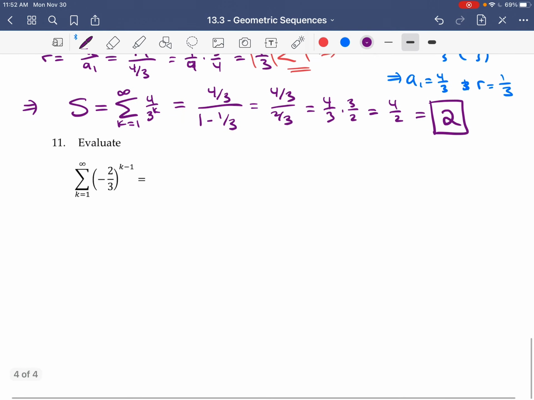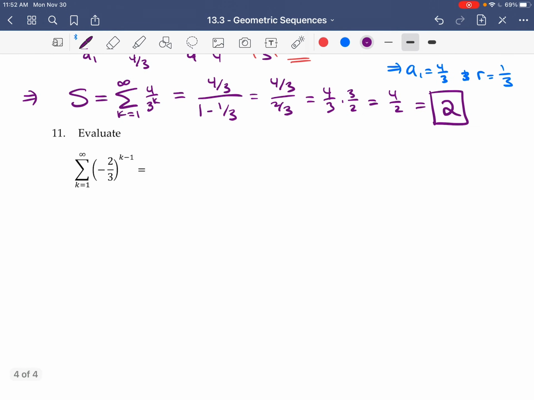Okay, so here, again, we're computing an infinite sum, so the sum goes from 1 to infinity. Okay, and this is my sequence inside. So when k is 1, this is my first term. Okay, that's going to be negative 2/3 to the 1 minus 1. So negative 2/3 to the 0 is just 1. Okay, so a1 is 1.